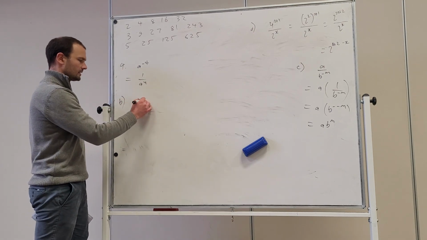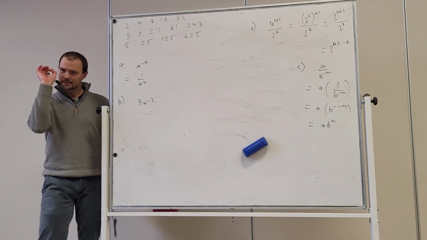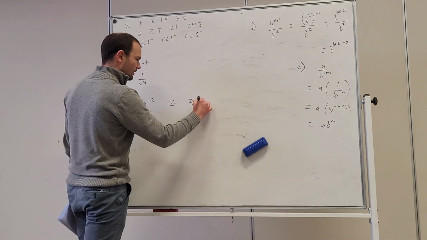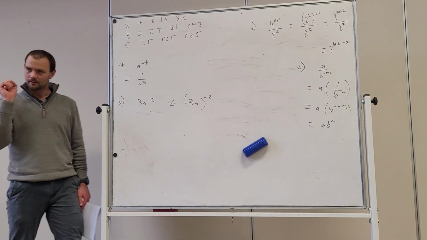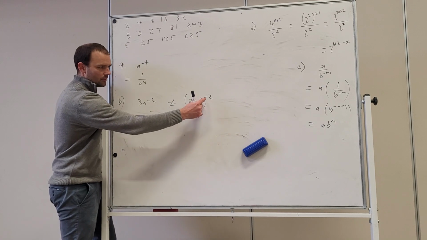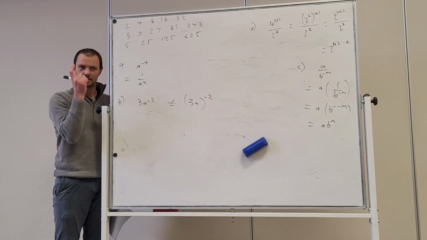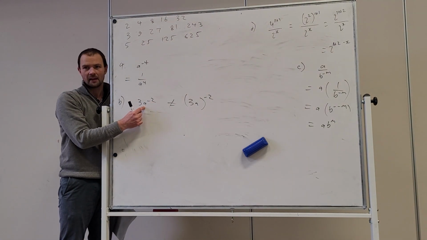4b, okay, this is good. I've set this up like this on purpose. Now beware, this and this are not the same. Very clearly, this tells you that power applies to both terms because they're both inside the bracket. Here, the power only belongs to the a.